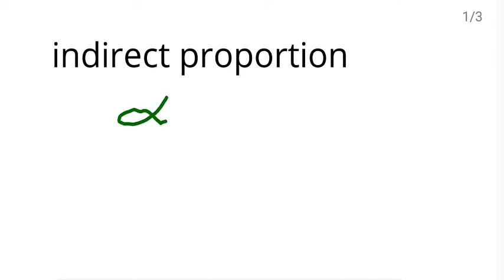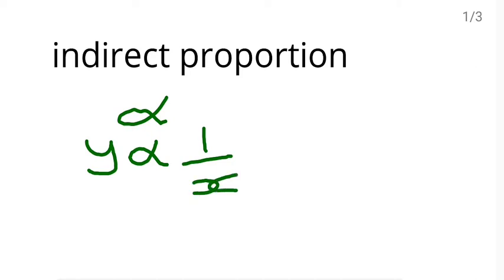When you want to say that y is indirectly proportional to x, you write like this: y is indirectly proportional to x. And remember, if you want to say that y is directly proportional to x, you simply write y varies as x. So with this, we can go to our examples for today.